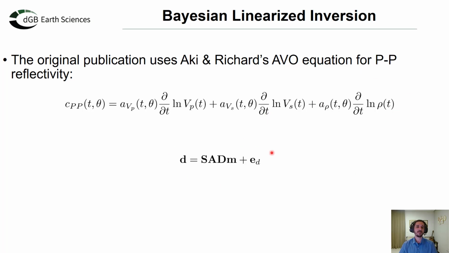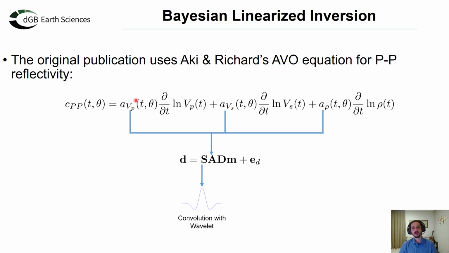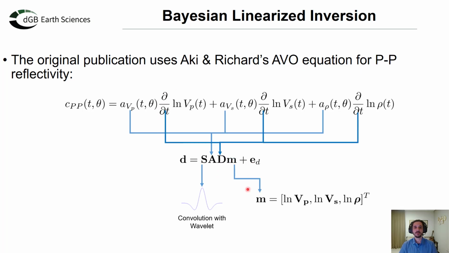And then we have our forward model, where this S is the convolutional matrix with the wavelet, this A is the Aki-Richards coefficients, this D is the first order derivative, and m is the logarithm of the elastic properties, the velocities and density, stacked together in the same vector.